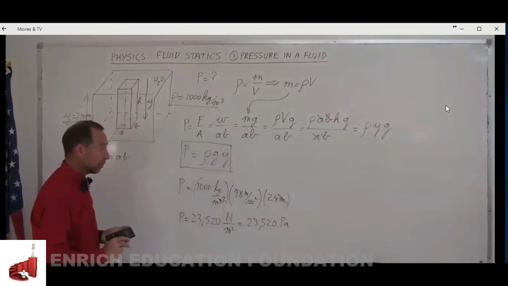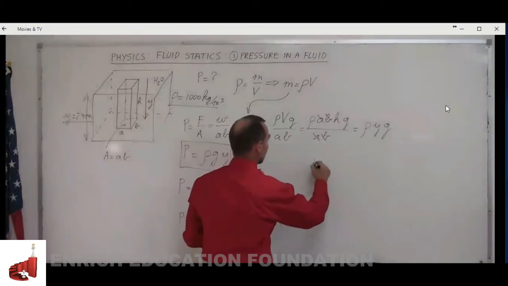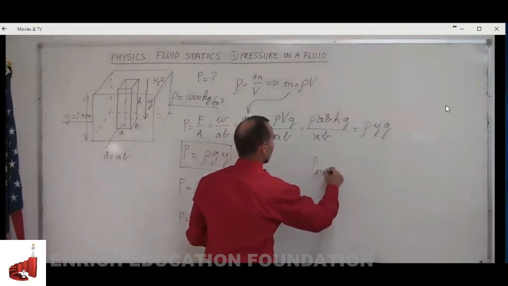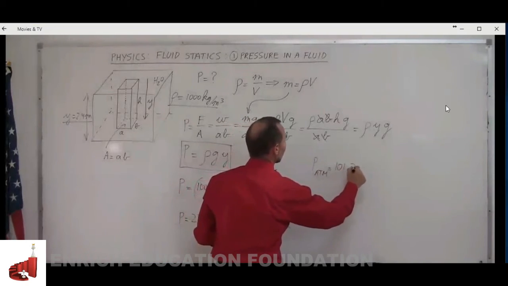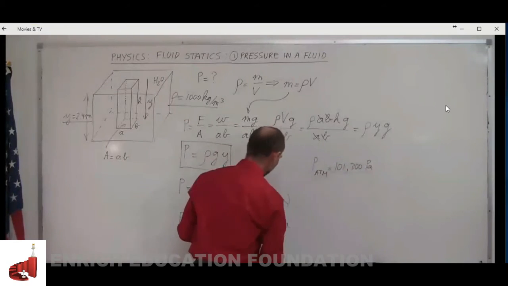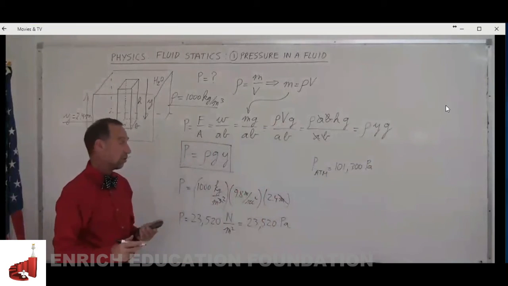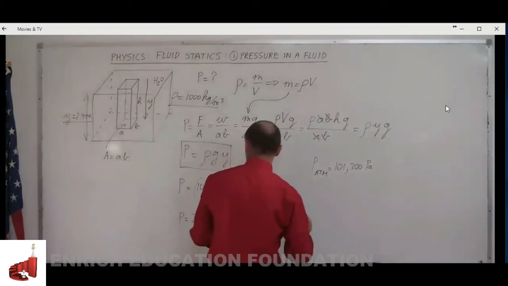Looks like a big number, but if we compare that to atmospheric pressure, which is the pressure caused by the atmosphere, which is known to be P atmosphere equal to 101,300 newtons per square meter or pascals, then you can see that this is just a fraction, a little bit less than 25%. So let's figure out what fraction of atmospheric pressure it is.